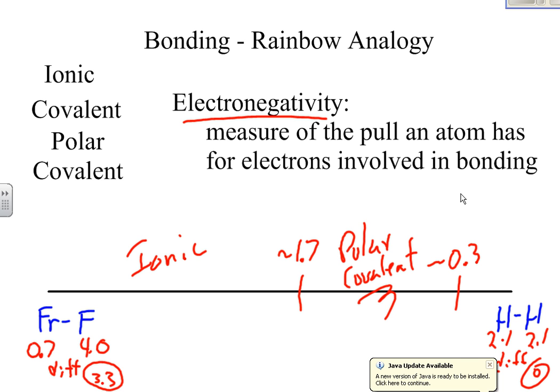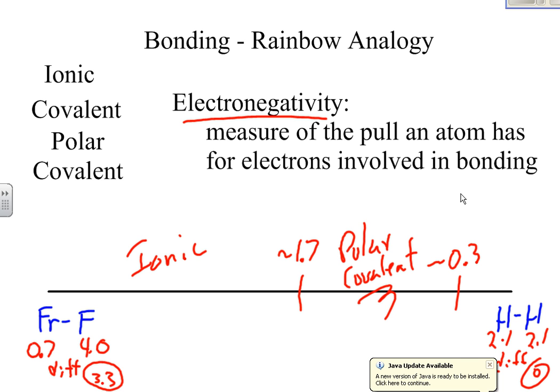On the other extreme, we have a difference in electronegativity of 3.3, which would represent total transferring. Then we have this imaginary line in the middle, the 1.7. If the difference is less than 1.7 but greater than about 0.3, then you have what's called a polar covalent bond. These kinds of bonds are going to be very interesting to us, so we want to be able to identify those.